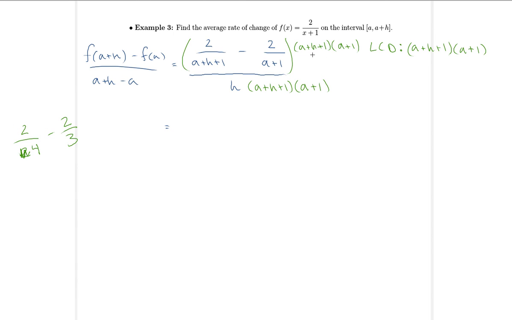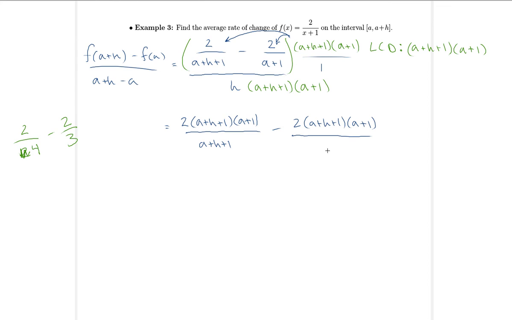And by the way, when you're multiplying by this, you can think of it as that over 1, so that it's a fraction times a fraction. That helps you visualize better what's happening. So I'm going to have 2 times a plus h plus 1 times a plus 1 when that distributes through to here, all divided by a plus h plus 1, minus 2 times a plus h plus 1 times a plus 1 divided by a plus 1.